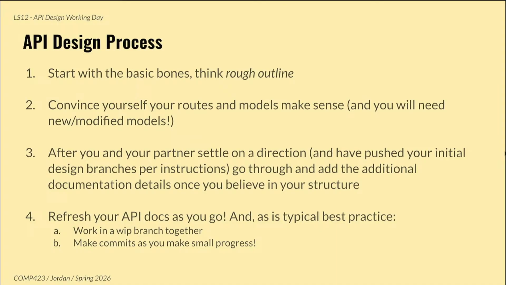So as you're individually starting with thinking about your APIs, I would encourage just focusing on a rough outline. What are the routes I need? What are the models I need? Don't worry too deeply about the documentation details that we're asking and expecting here. Those can come later. Once you've convinced yourself that you've got the routes for the stories and the models have the data that they need to be able to follow them, and you will need to modify or create new models to satisfy all of the stories. Once you and your partner are able to settle on a direction, be sure you have pushed your initial design branches first.